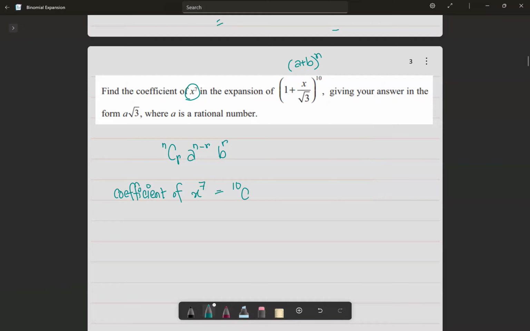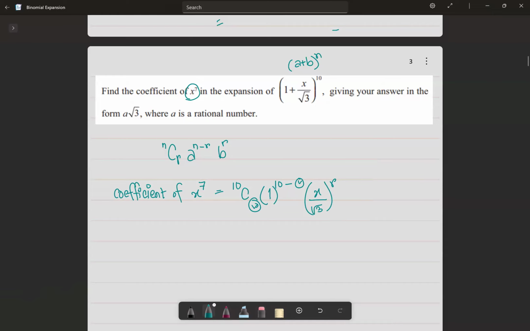Now we need, let's stop r for now. A is 1, so we will have 10 minus something in here. We don't know what we will get in here. These are empty boxes. We will put in values in here. We don't know the value of r yet. And then we have b to the power, b is what? b is x by root 3 to the power of r.